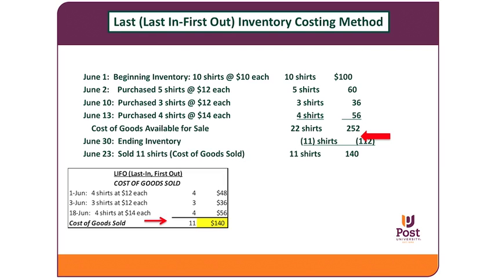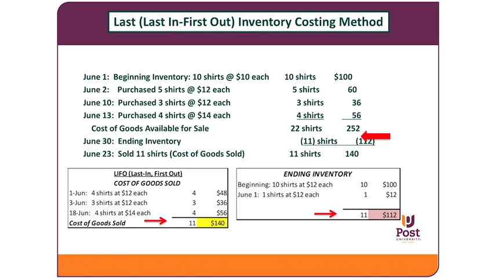4 at $14 equals $56. 3 at $12 equals $36. And 4 at $12 equals $48. 56 plus 36 plus 48 equals $140. Therefore, the total cost for the cost of goods sold is $140.